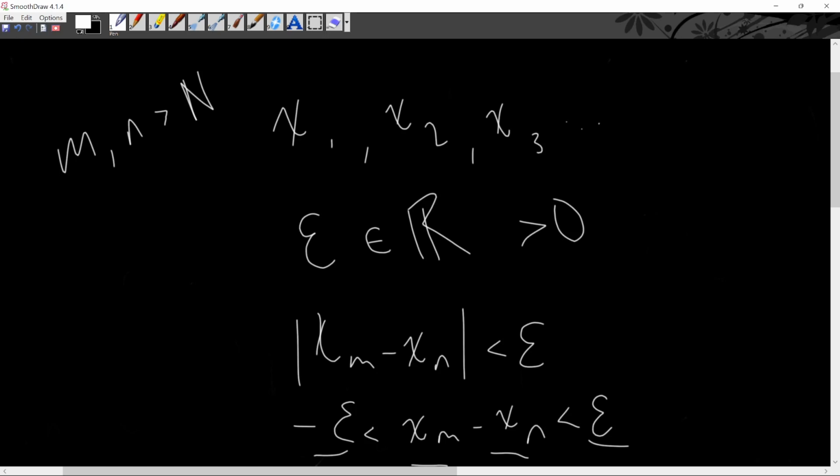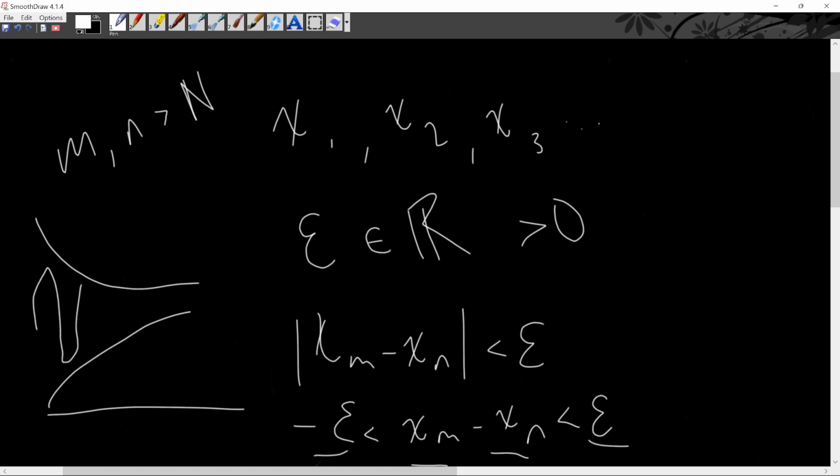Let's try and draw what this would even be like. If you thought of this as an asymptote, then you are going closer and closer to a specific value, right? I'll draw negative epsilon as a bound, and this is positive epsilon.